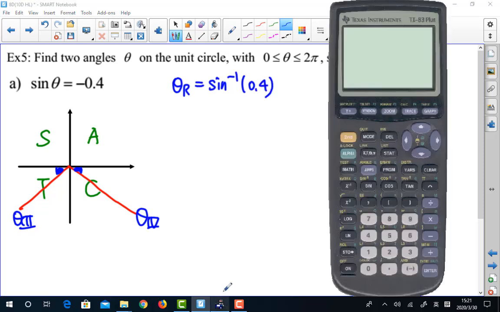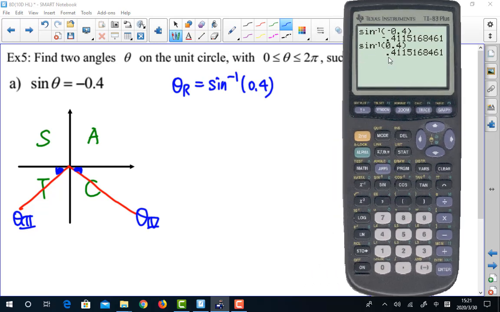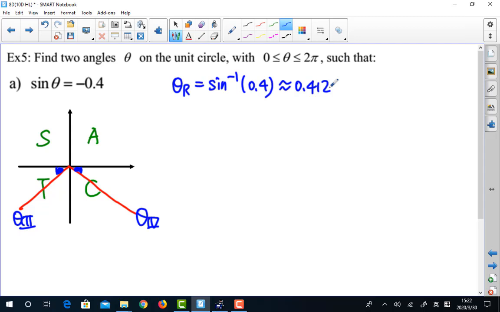If you put the negative sign in, you will see a negative angle. But right now, the reference angle must be a positive acute angle. So we always put a positive ratio in. So we do sine inverse 0.4, which is 0.412.